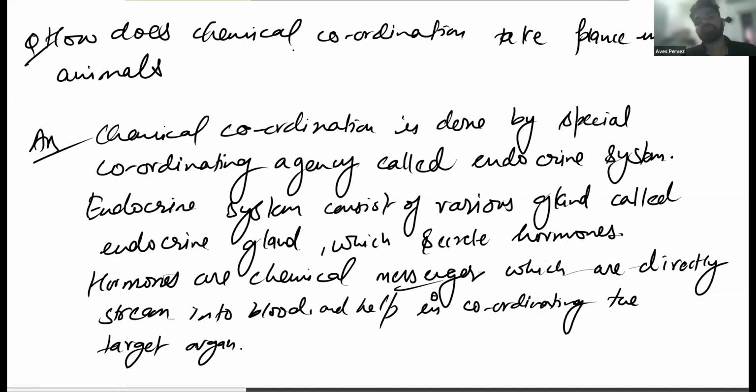Now the next question is, how does chemical coordination take place in animals? Chemical coordination means the coordination that is done by the endocrine system. You know that there are two types of system: one is the nervous system, and the other is the endocrine system.